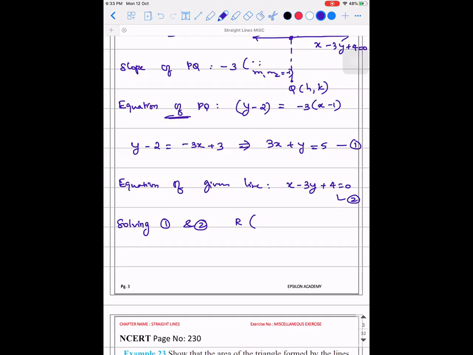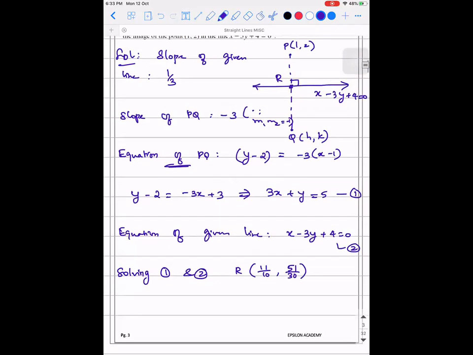What is the value of R, guys? I got 11 by 10 and 51 by 30. I think that's right. So R is (11 by 10, 51 by 30).